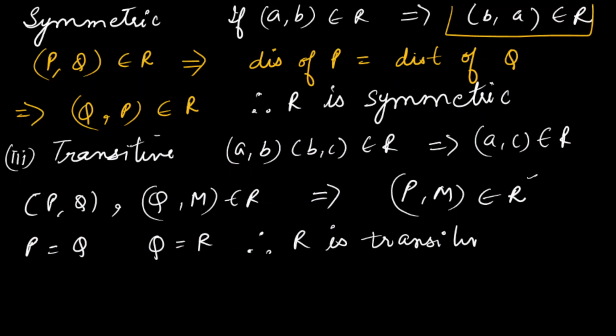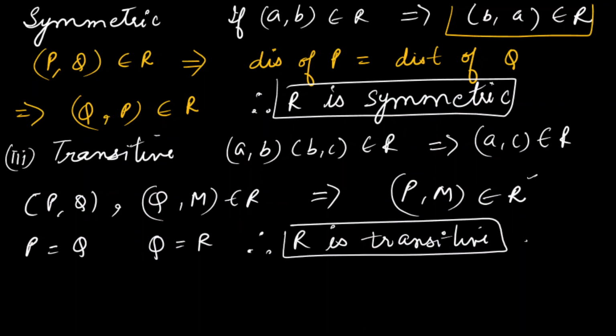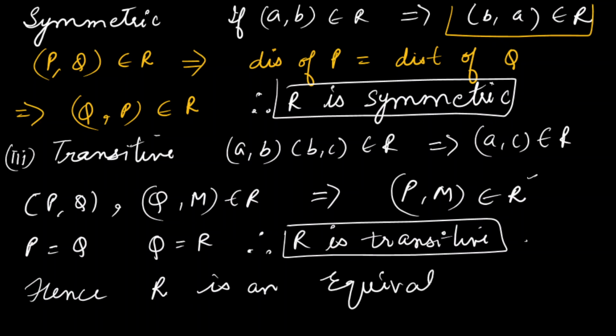So we have proved relation R is reflexive, symmetric and transitive. Hence, relation R is an equivalence relation. That's what we had to prove. So for proving equivalence, we have to prove that the given relation is reflexive, symmetric and transitive.